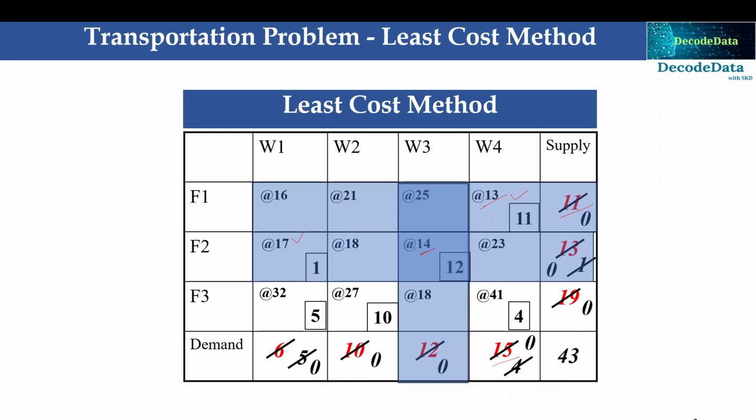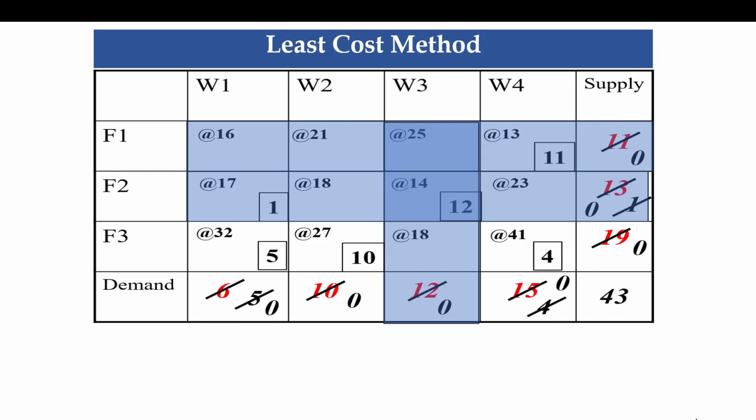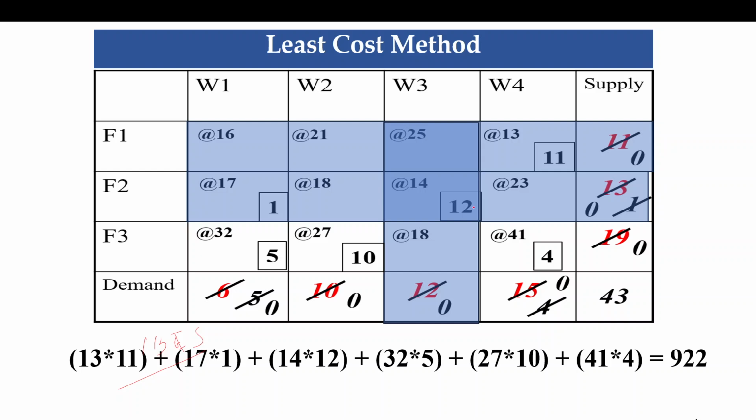So this way I have allocated the units based on the least cost. Now, once I have allocated, my job is to find the initial basic feasible solution. How will I do it? Simple. This is the first cell.